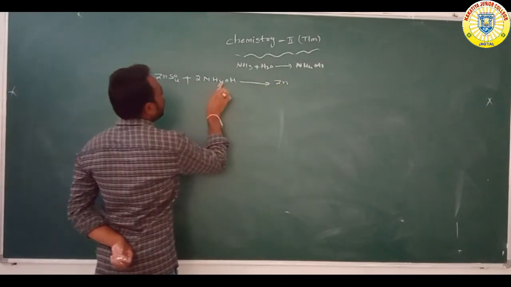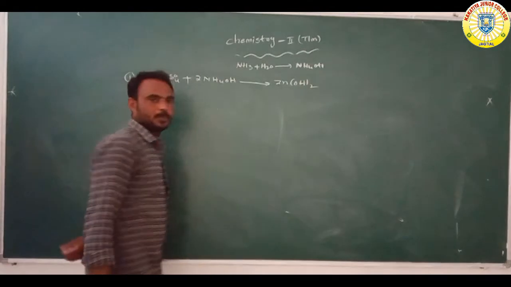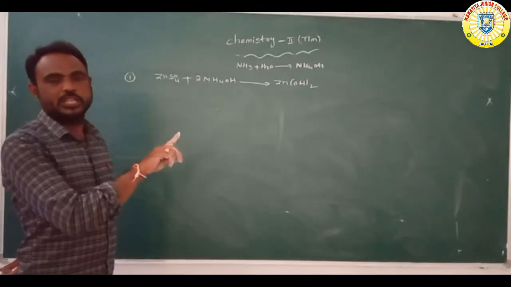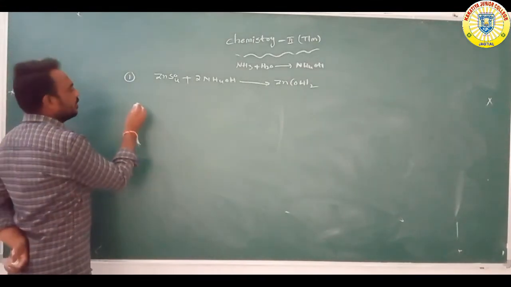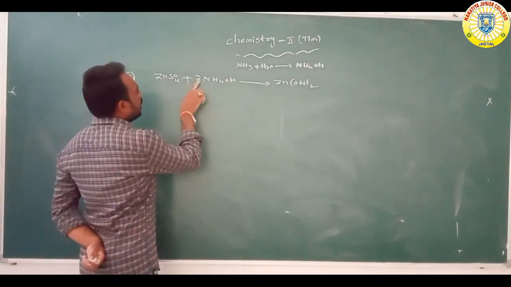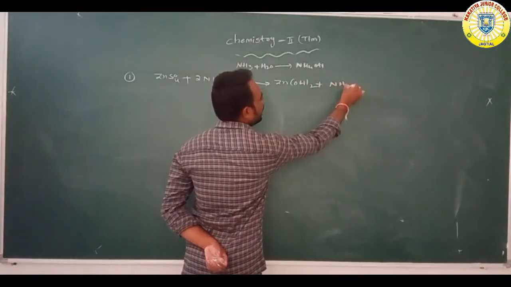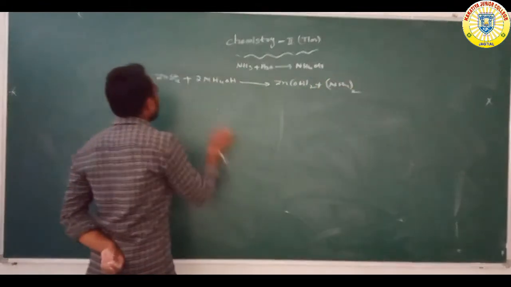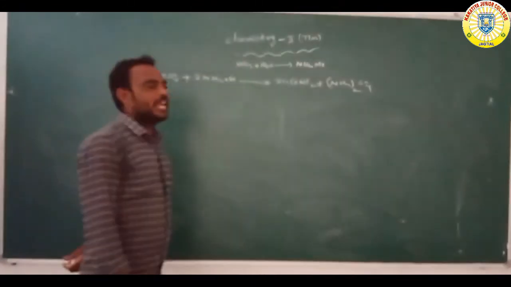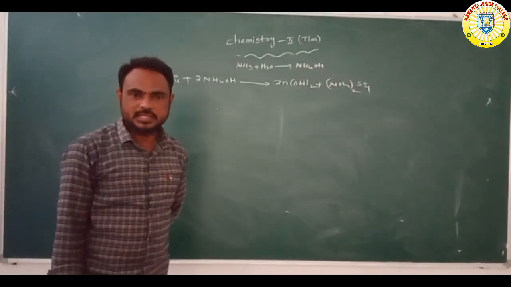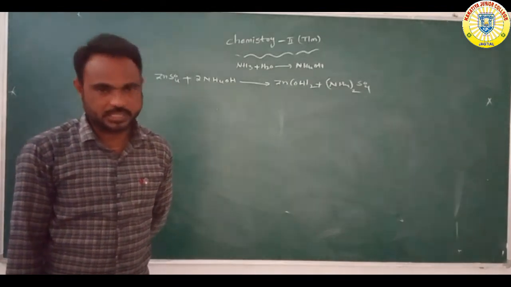in this reaction we get Zn(OH)2, OH taken twice, and next, (NH4)2SO4, NH4 taken twice and SO4, which is ammonium sulfate.